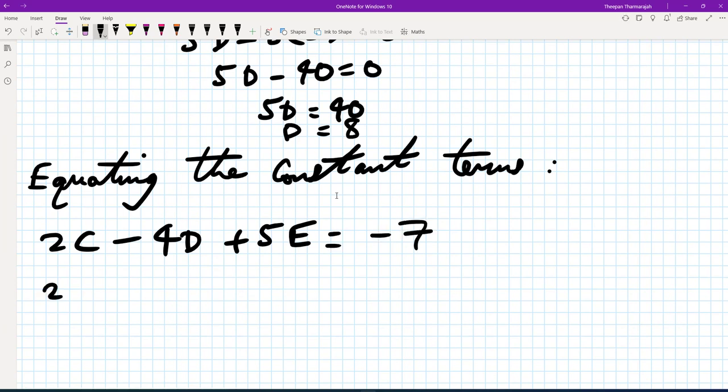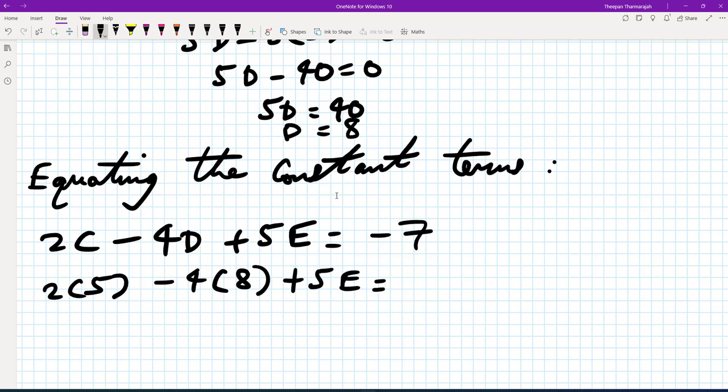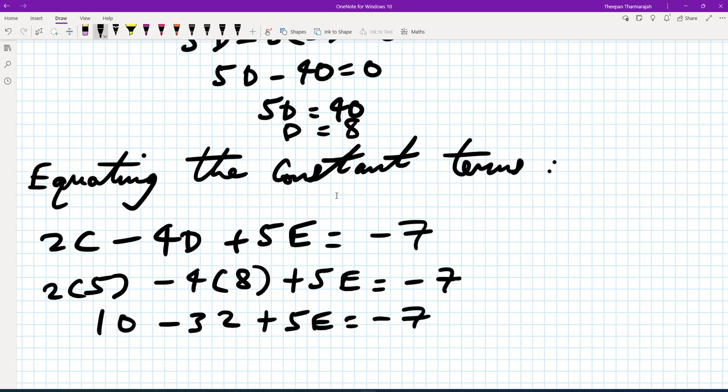So we know that c is 5, so we can say 2 times 5 minus 4 times 8, that's what d is, plus 5e is equal to minus 7. So we can say 10 minus, well, 4 times 8 is 32, plus 5e is equal to minus 7.